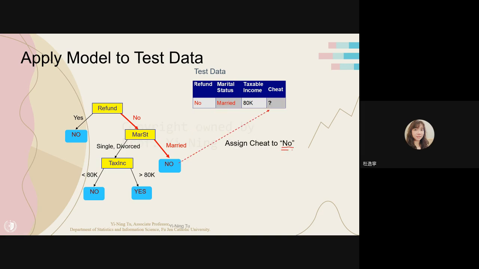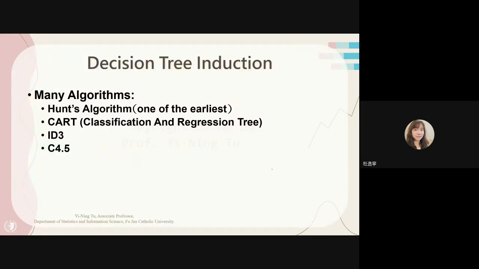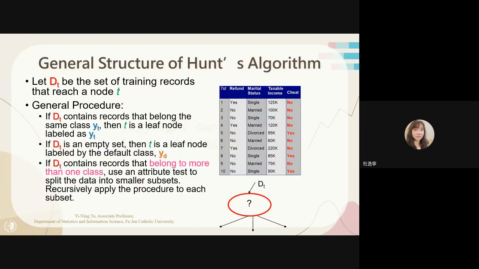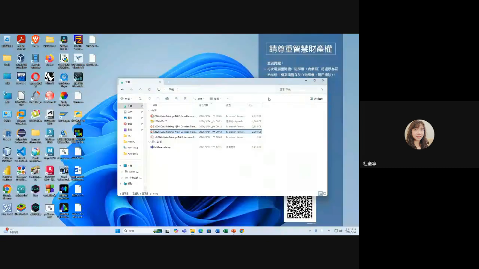So this testing data set tells us the prediction is no. There are many decision tree algorithms. What we introduced is Hunt's, and there are also others like CART, ID3 and C4.5. But today we will use Python, and we will demonstrate the CART decision tree. Okay, so we will start to use Python to implement a decision tree.